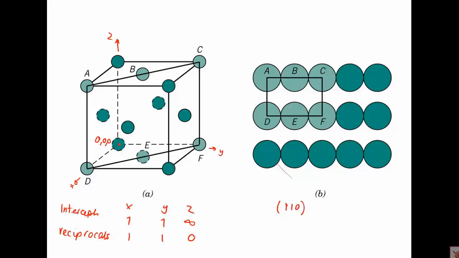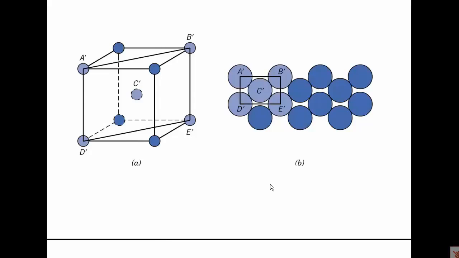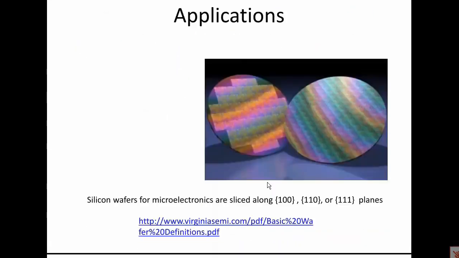This is what the 1, 1, 0 plane looks like in the FCC structure. This is also the 1, 1, 0 plane, but in the body-centered cubic structure. And we see that it has a different planar density. The planes of crystals are very important.